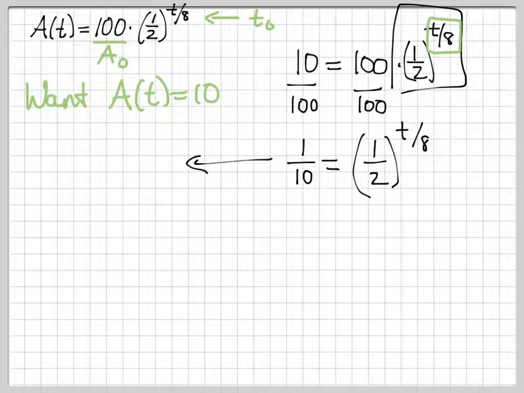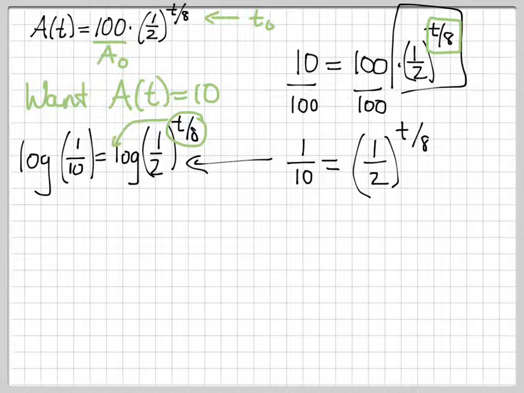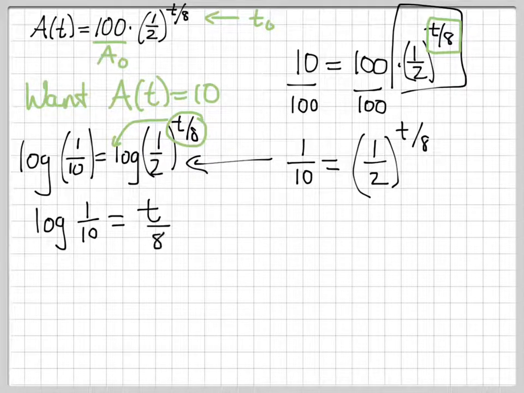And then we just take log of both sides, log of 1/10 equals log of 1/2 to the t over 8. And then remember, this will just come out front. So we get log of 1/10 equals t over 8 times log of 1/2.